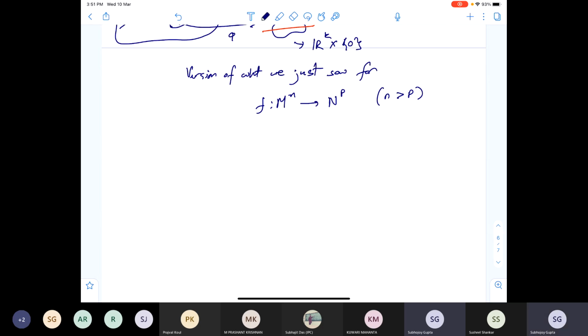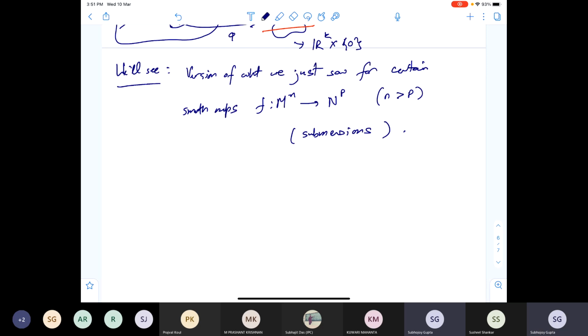So let me say certain smooth maps, which are called submersions, and this we'll see maybe next time.